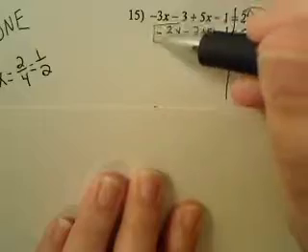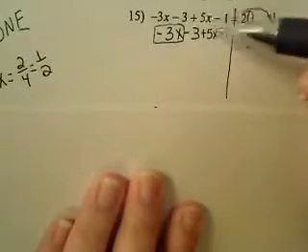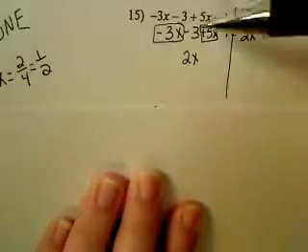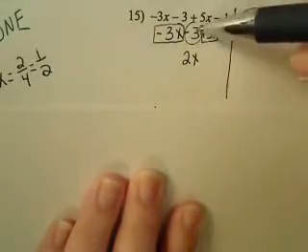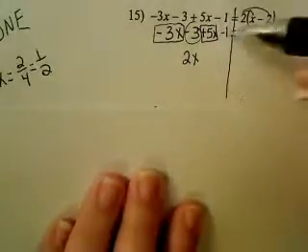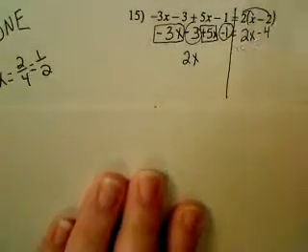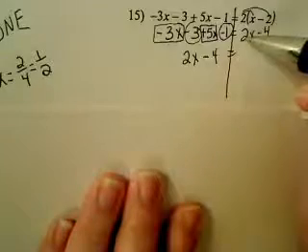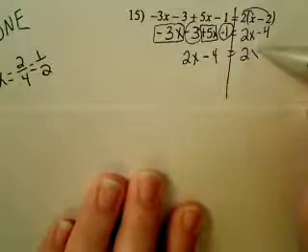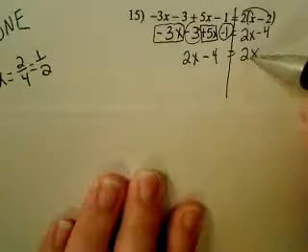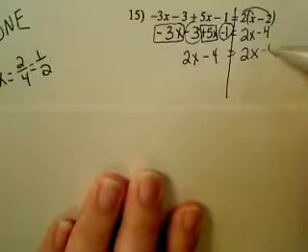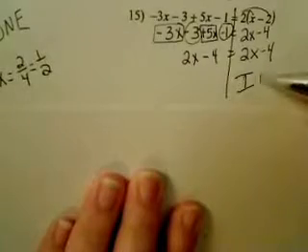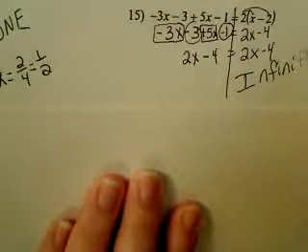So I'm going to combine a negative 3x plus 5x, so that's 2x. And then I'm going to combine a negative 3 minus 1, and that gives me a negative 4. And then I'm going to bring this down. And so this is the same thing on both sides, so this is also infinite.